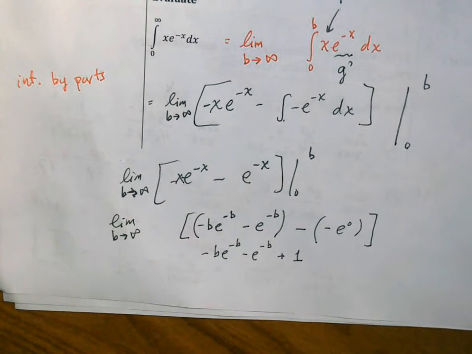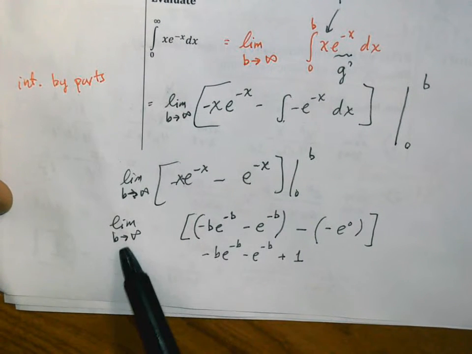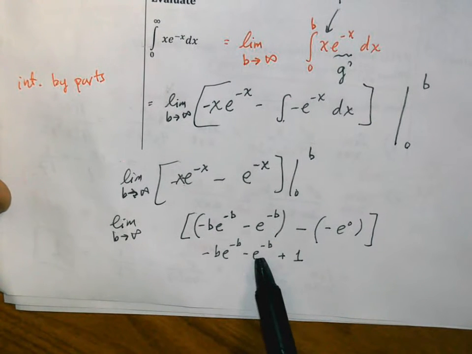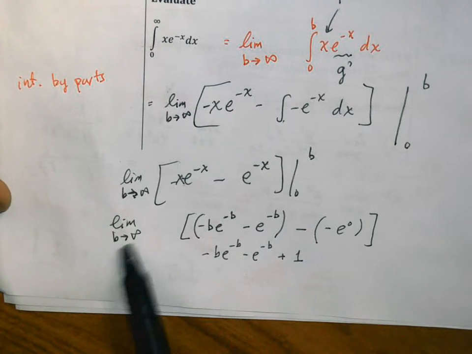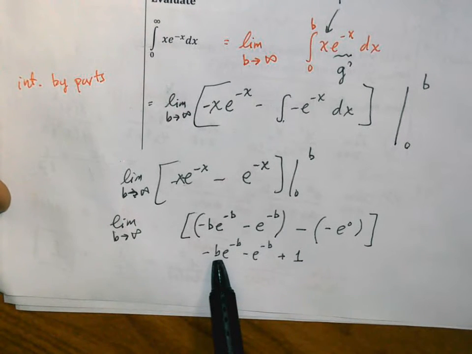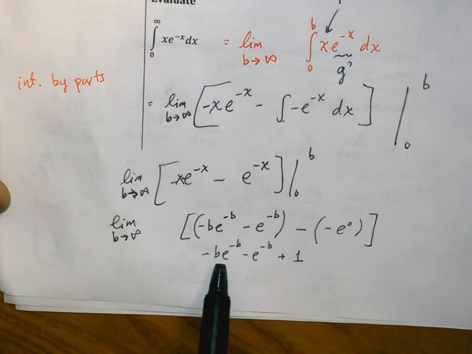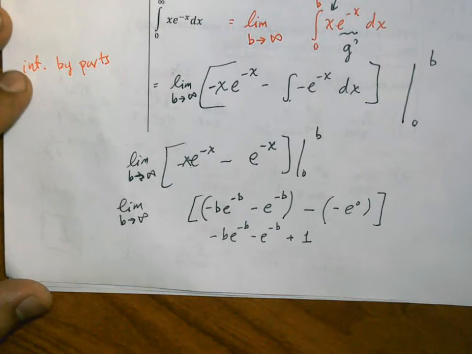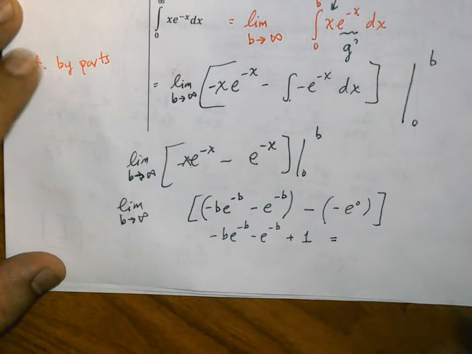Okay. So we need to plug in all of the values for b. Now a weird thing happens when we plug in infinity for b, because e to the negative infinity is 0. Times, and we take infinity and plug it into here, we end up with infinity again. So it's a little bit weird. You have infinity times 0, and that itself is also another indeterminate form. But let's just convert this to something that we're more familiar with.